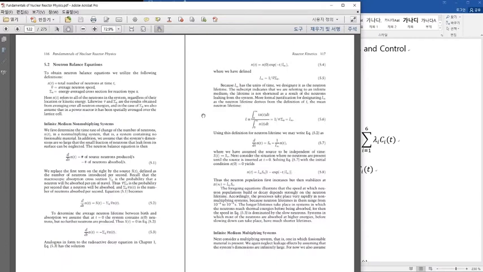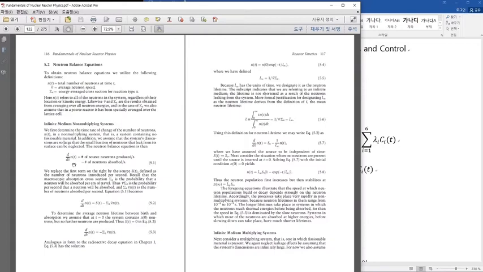In section 5.2, we started from the neutron balance equation. And you may see here that the neutron density is now expressed only as a function of time.